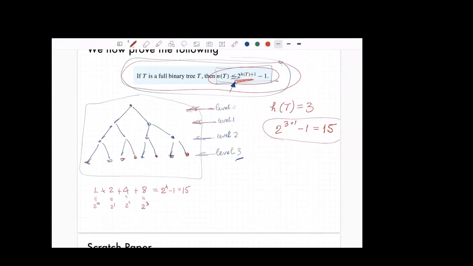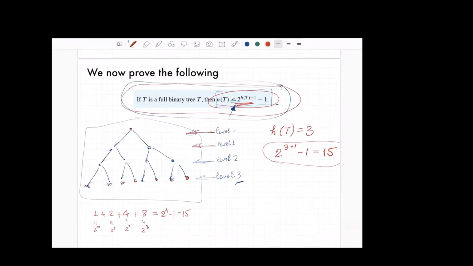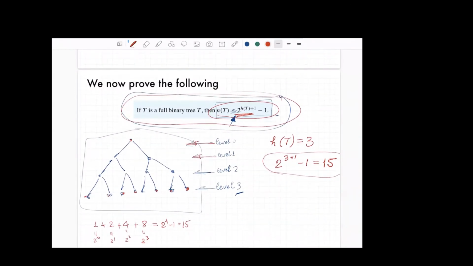What this theorem says, though, is something more interesting. These full binary trees generated by this recursive definition, and those quantities, the height of the tree and the number of nodes, also recursive definitions, are such that this inequality will always be observed. The number of nodes can never be larger than this quantity that depends on the height. So in a full binary tree, you cannot have too many nodes.